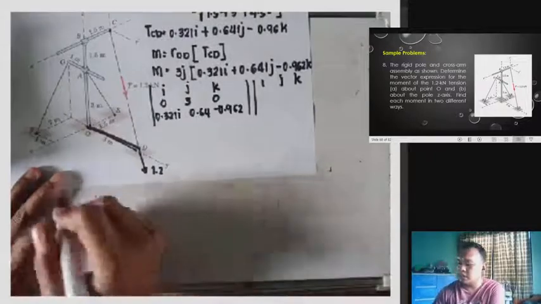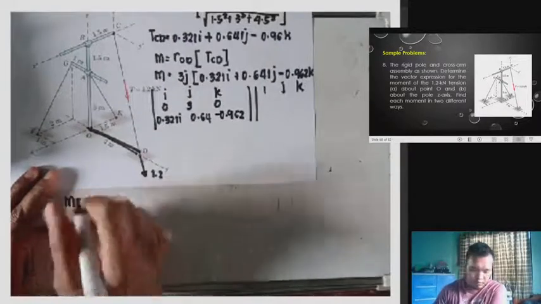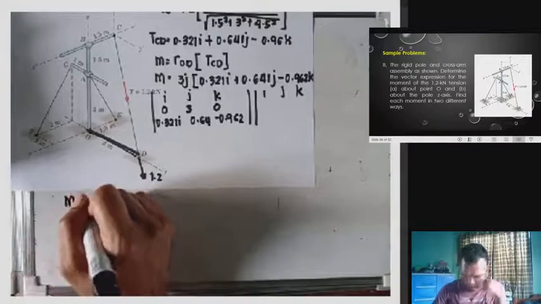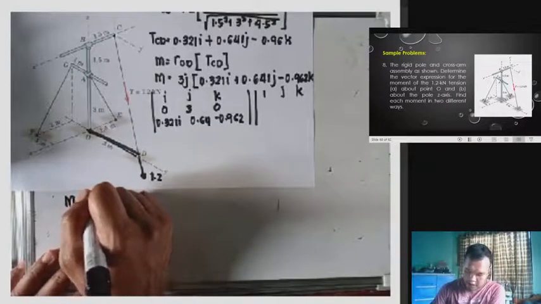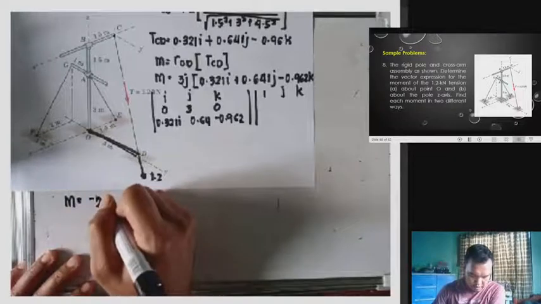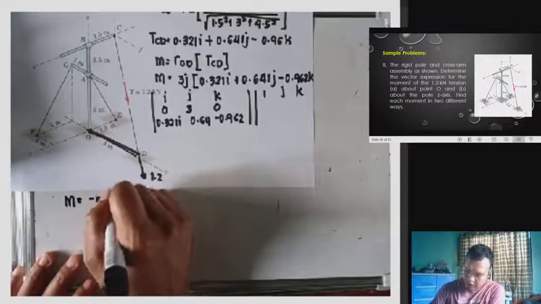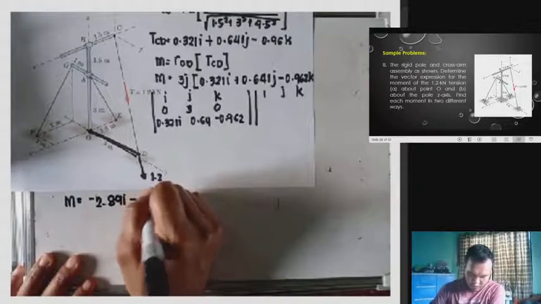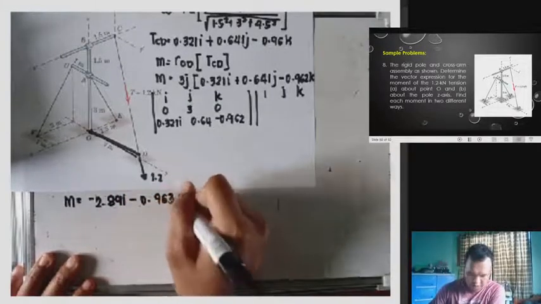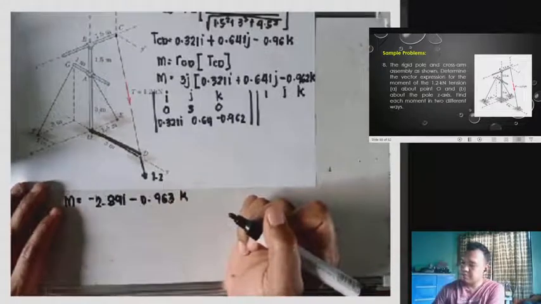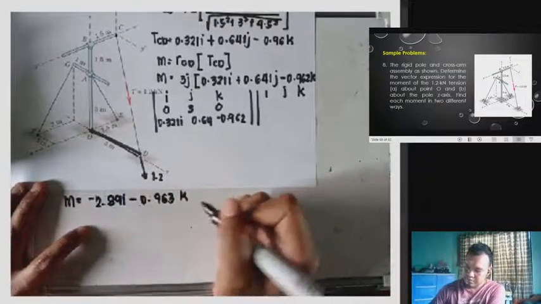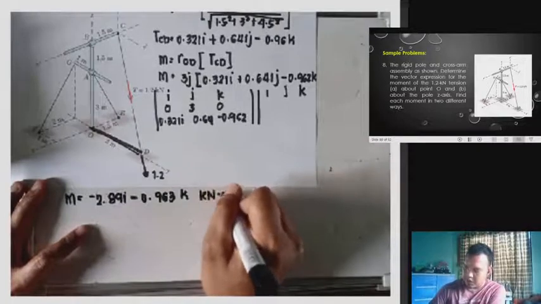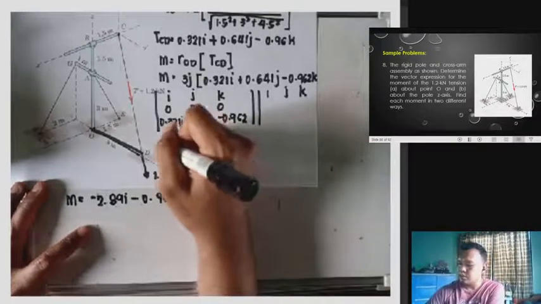So, ang lalabas dyan, we have your moment dito, is equivalent kay negative 2.89i minus 0.963k kilonewton meter. So, isusulat ko na lang dito.